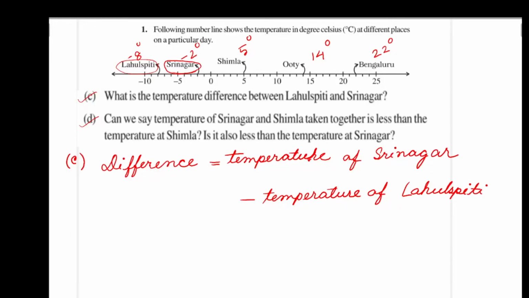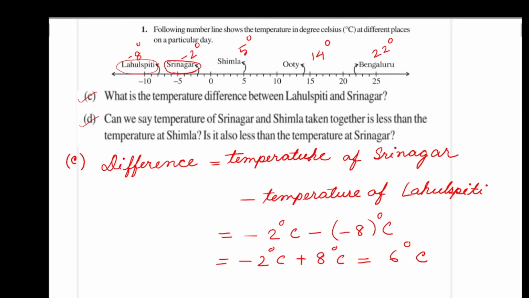So it will be minus 2 degrees Celsius minus (-8) degrees Celsius, so it will be minus 2 degrees Celsius plus 8 degrees Celsius. Why is it positive? Negative into negative, because the bracket is here. So it will be 6 degrees Celsius.